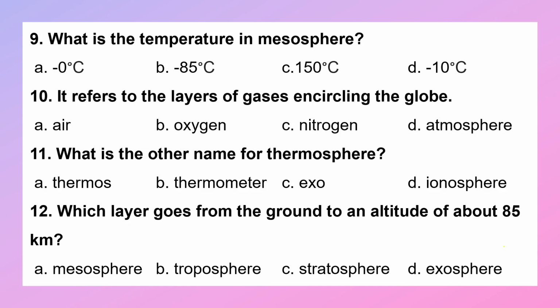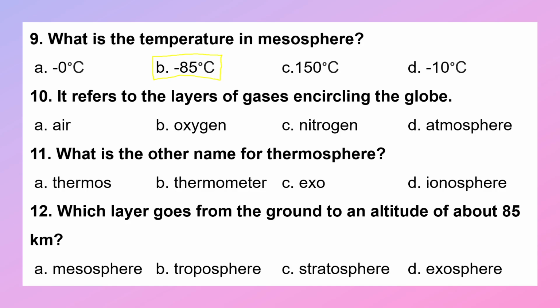B, negative 85. C, 150 degrees Celsius. Or D, negative 10. Okay, the correct answer here is letter B. It's the negative 85 degrees Celsius.